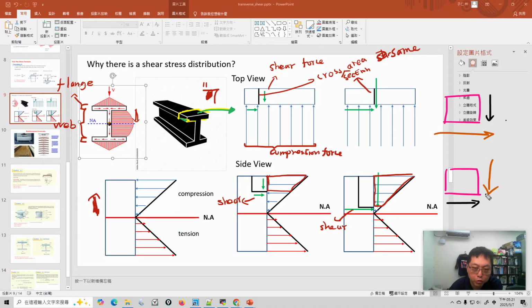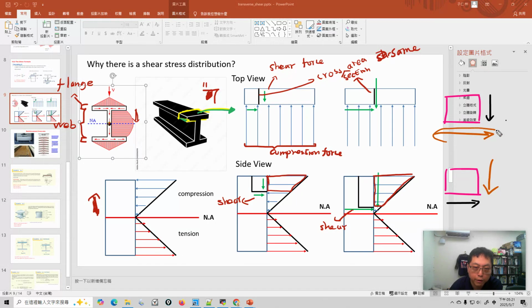There must be a force here to make the shear force balance, because if there is no shear force balance, the whole thing will keep rotating. That's why the shear force arrow is pointing down at the web part, and at the flange part it is drawn horizontally.